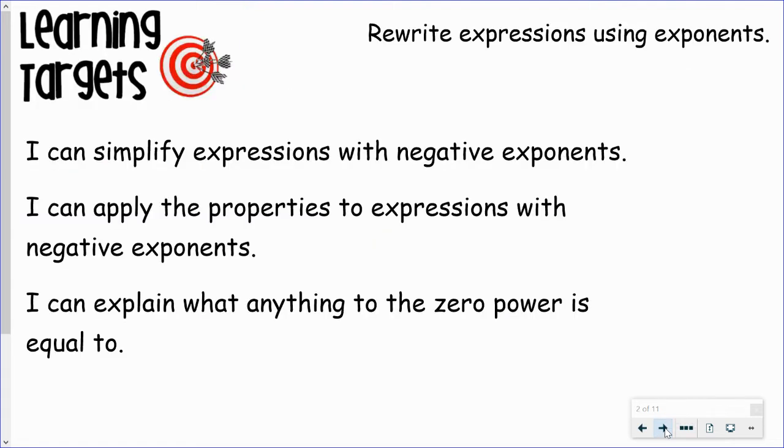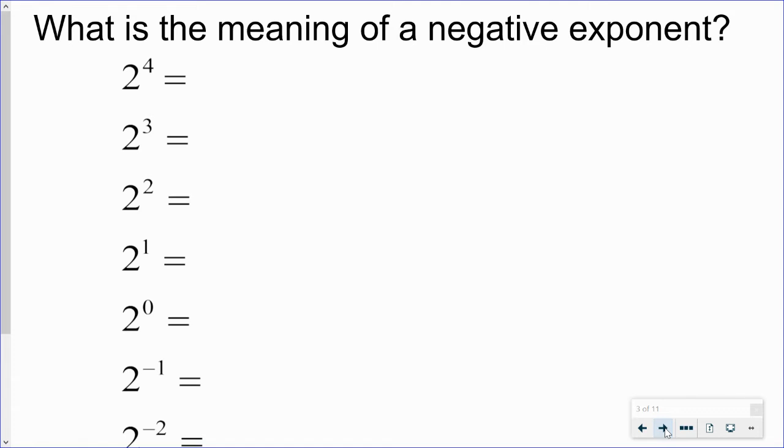So just a reminder, you're saying, can you simplify expressions with negative exponents, as we did yesterday? Can you apply the properties we used yesterday? And can we explain what anything to the power of 0 is equal to? So again, what is the meaning of a negative exponent?